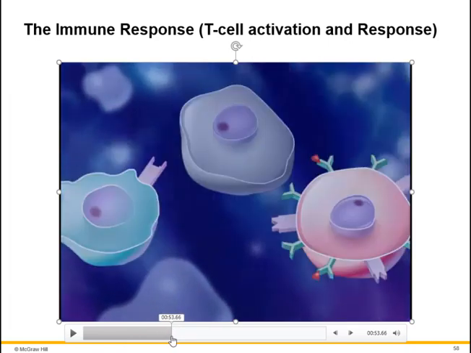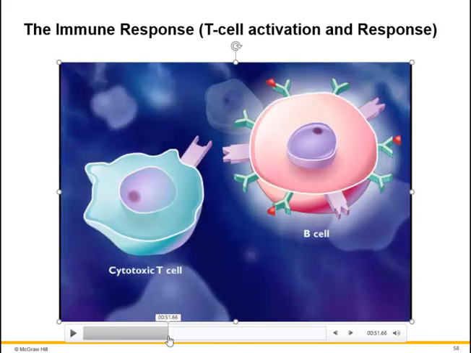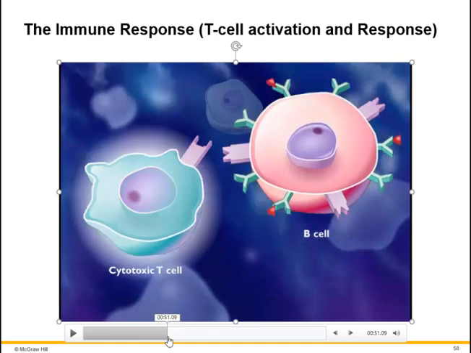And when it stimulates those B cells, the B cells then proliferate and differentiate. That's the T cell dependent method of activating B cells. And then the cytotoxic T cells will directly kill, but the B cells will make antibodies and indirectly kill. And so that's kind of what they're showing here.